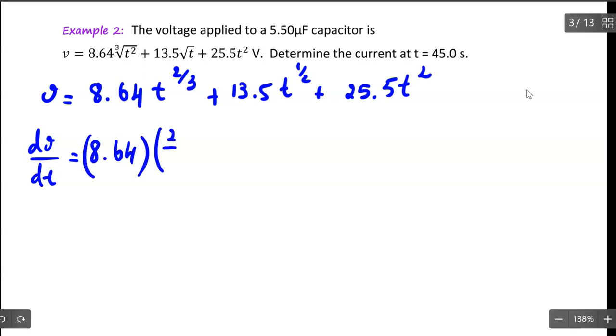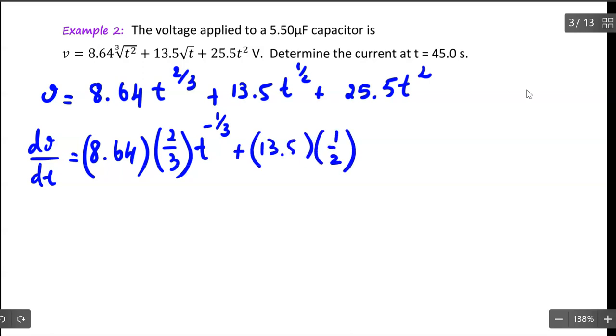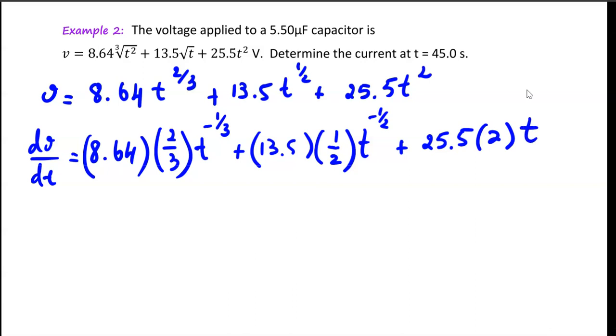I multiply this with 2/3, and at the same time I take 1 away from the exponent, so that will be 1/3, plus 13.5 times 1/2, and then t to the negative 1/2. Okay, and I will have 25.5 times 2 multiplied by t.